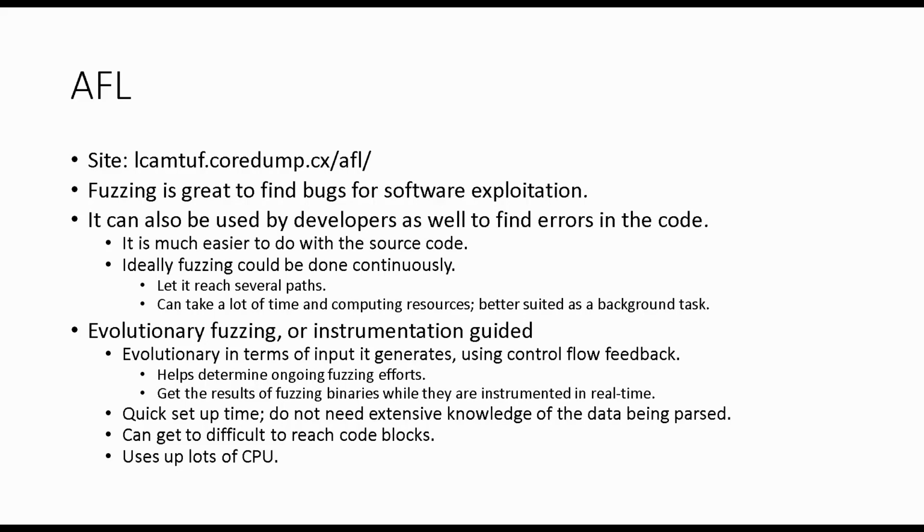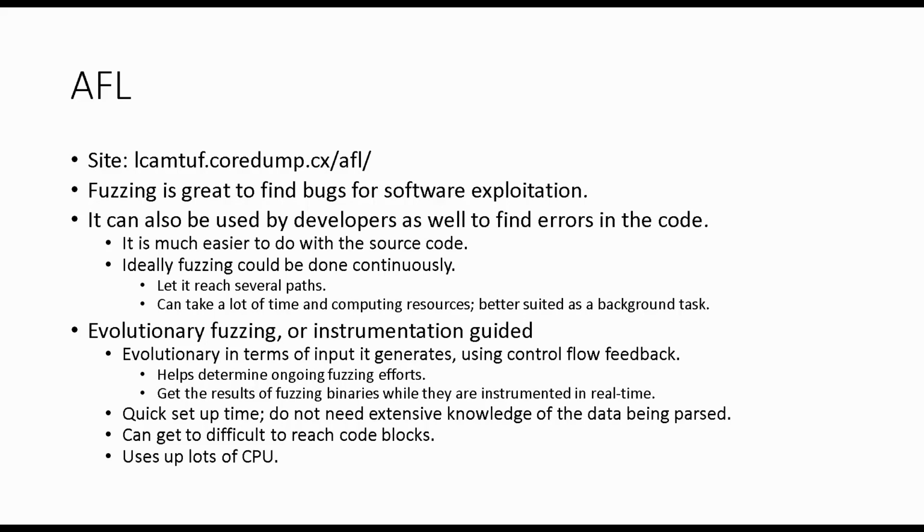As I alluded to before, AFL takes advantage of the concept of evolutionary fuzzing, or you could call it instrumentation-guided fuzzing. It's evolutionary in terms of the input that it generates. We can feed it test cases. Maybe we start out with a JPEG parser and we feed it 5 JPEGs.